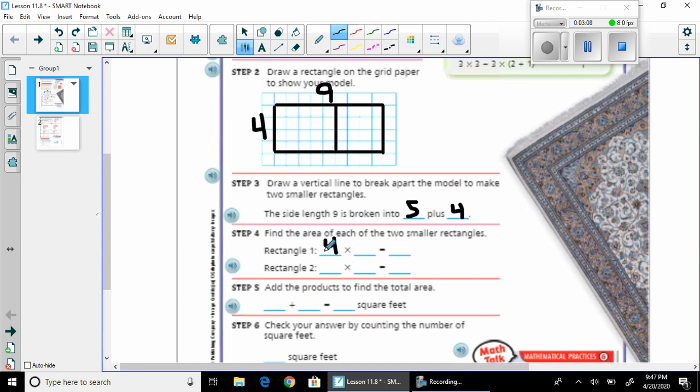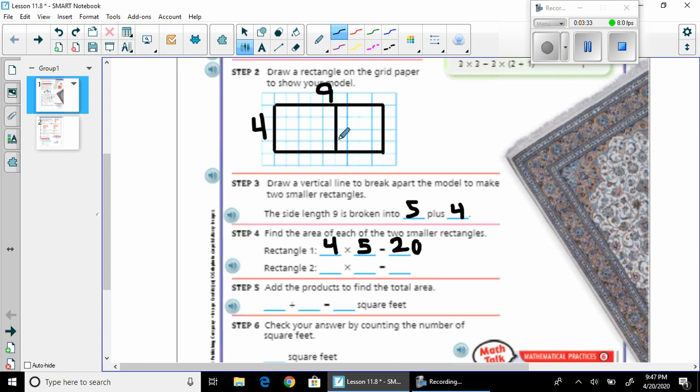So my first array would be 4 groups of 5. Okay, and then using multiplication, 4 groups of 5 is 20. So my product, or my area of my first rectangle, will be 20.